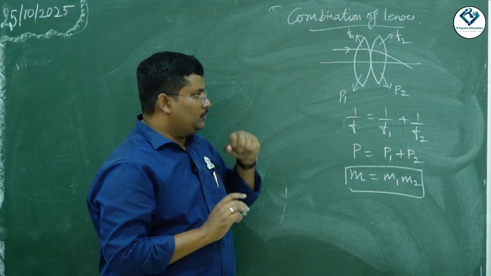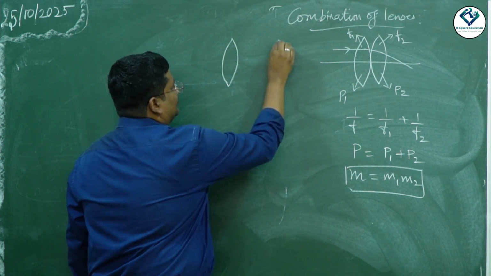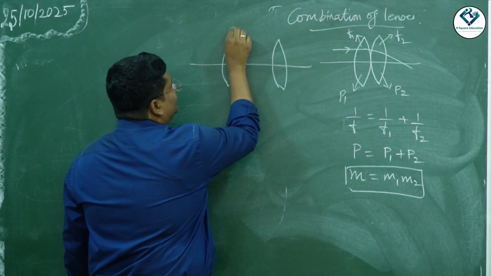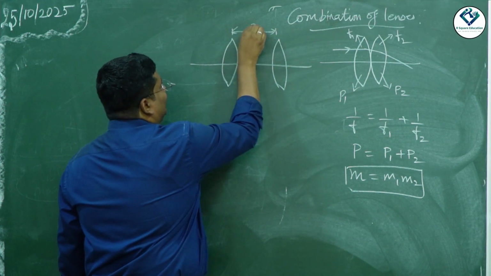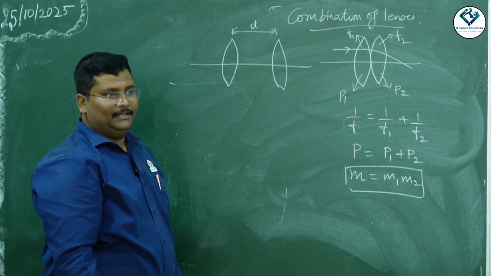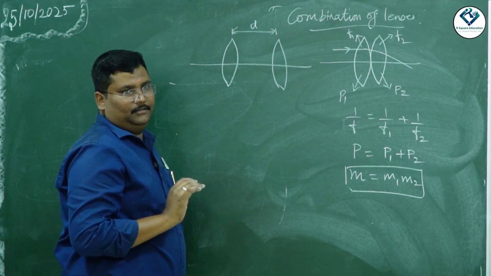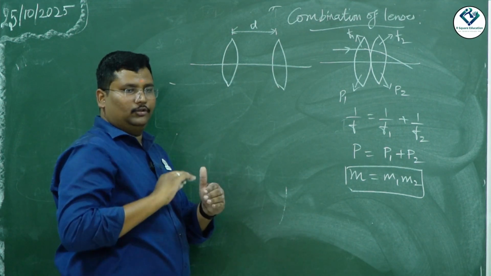Suppose I have two lenses with some distance of separation d, okay, distance of separation d. When you have these two cases, I am not going very deep, but you have to know this.